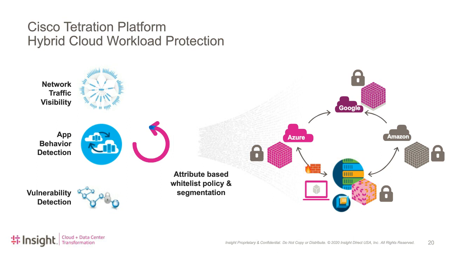Attributes-based whitelist policy and segmentation. That one I'm going to have to explain a little bit longer. That was a cool sentence, but what does that mean? Well, I now have all your workloads. I have the ability to identify what services are running on that workload, what ports are open, what ports are communicating, who they're communicating with, and the way it should be is I have both sides to that information.